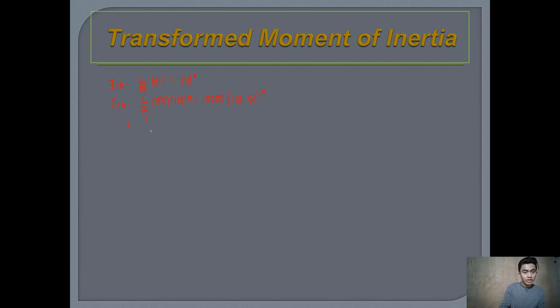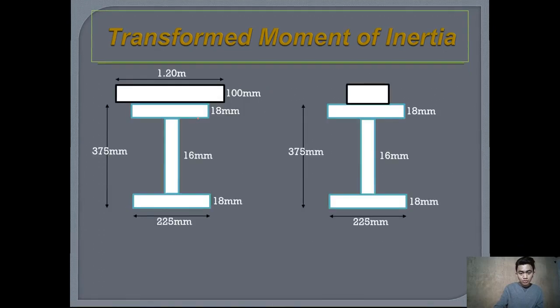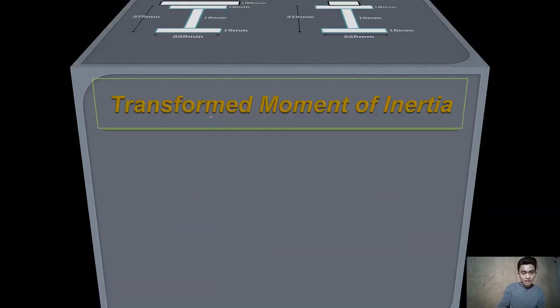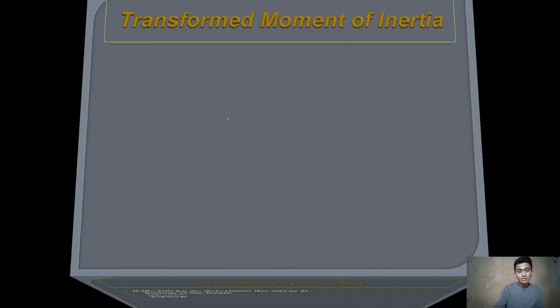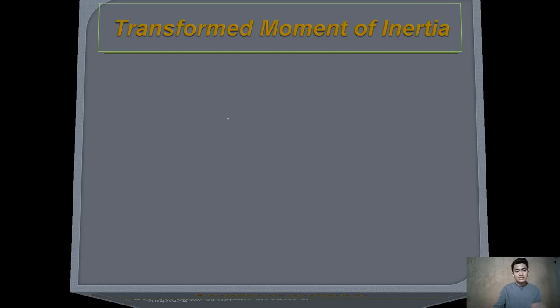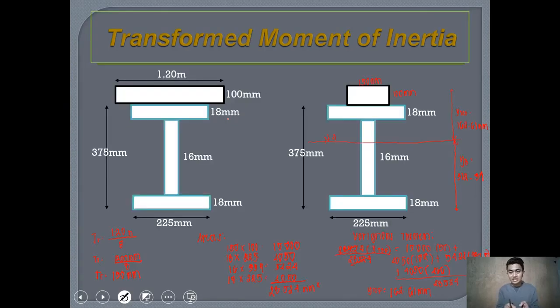Then proceed to the next section. 1 all over 12 base is equal to 225. Multiply this one by its height, which is 18 cube, plus its area, which is equal to 4,050, and then its distance from the neutral axis. So that will be 162.61 minus 100 minus 9.